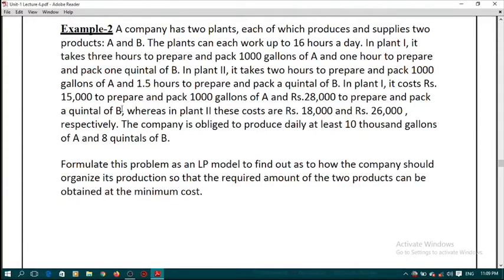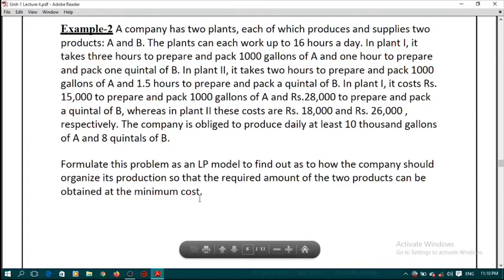In plant 1, it costs rupees 15,000 to prepare and pack 1000 gallons of A and rupees 28,000 to prepare and pack a quintal of B, whereas in plant 2 these costs are 18,000 to prepare and pack 1000 gallons of A and rupees 26,000 to prepare and pack a quintal of B. The company is obliged to produce daily at least 10,000 gallons of A and 8 quintals of B. Formulate this problem as an LP model to find out how the company should organize its production so that the required amount of the two products can be obtained at the minimum cost.